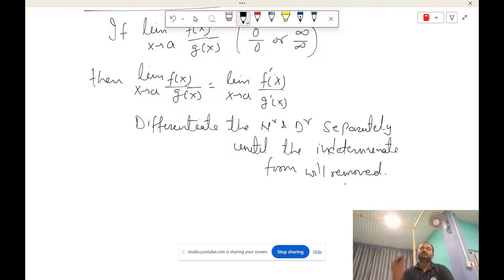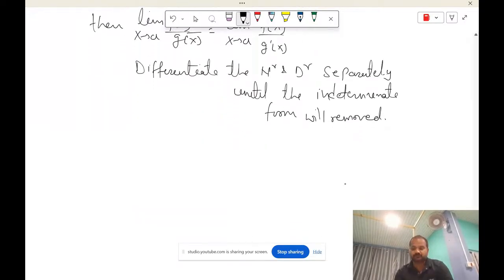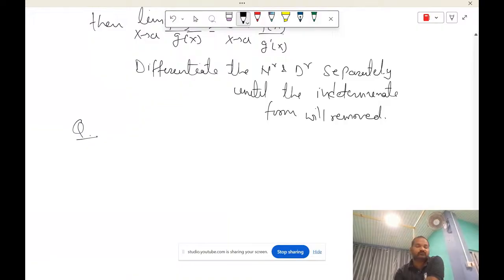So we will differentiate the numerator and denominator separately until we are free from the indeterminate form. That is, 0 by 0 and infinity by infinity are indeterminate forms. So we will see examples based on the L'Hospital rule. Mostly in questions we will apply the L'Hospital rule.